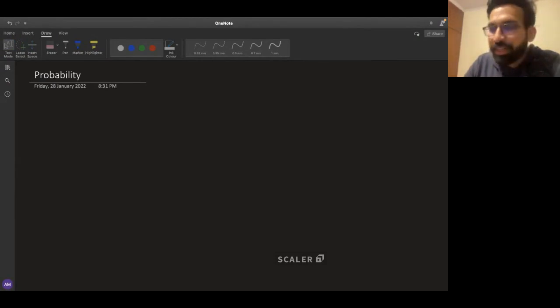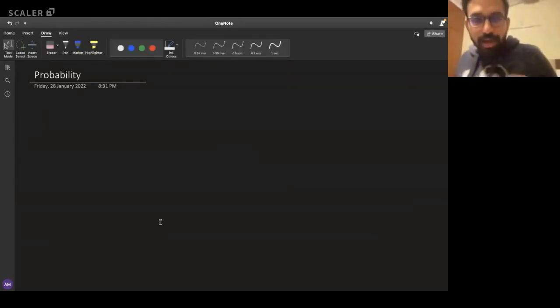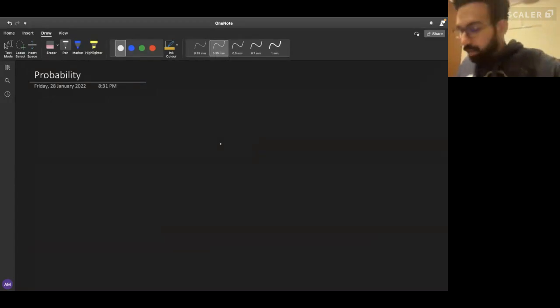Change theme in OneNote. I think I am too new to OneNote to do anything right now. But I think let's try with this setup for a couple of minutes. And if you're still struggling, then maybe we can figure something out. White background.